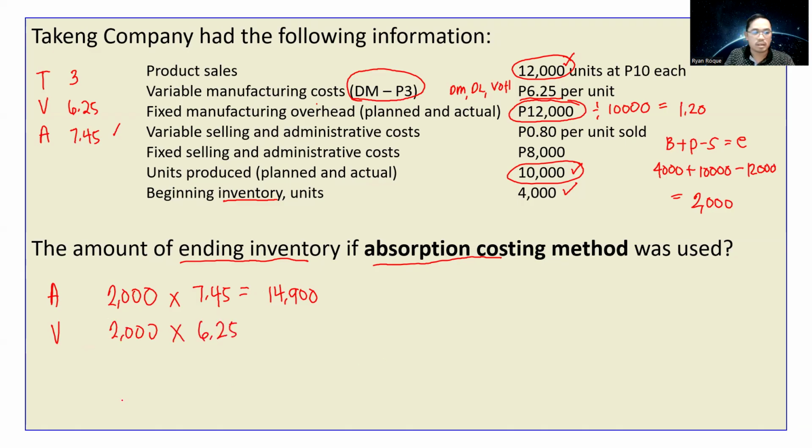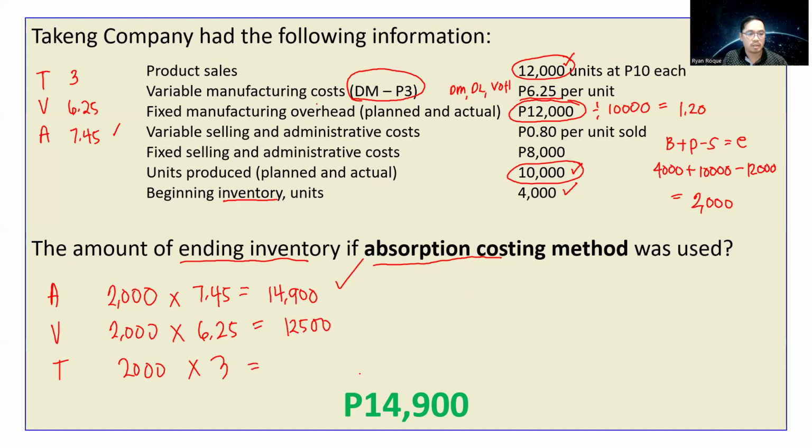When we are asked for the throughput costing method, 2,000 times 3. But the question is only for absorption costing method. So the answer is 14,900. But how much for variable? We just have to compute. So 6.25 times 2,000. So that's 12,500. But for throughput costing method, the answer is 6,000.